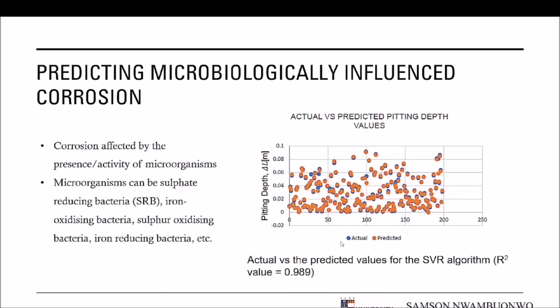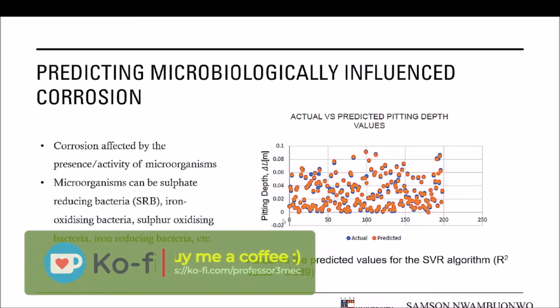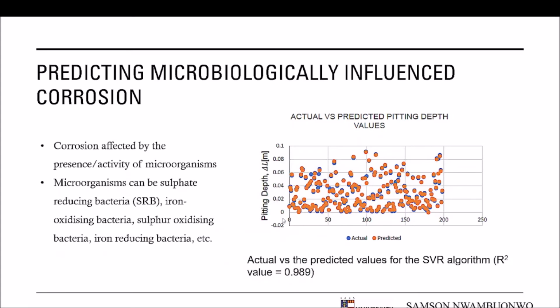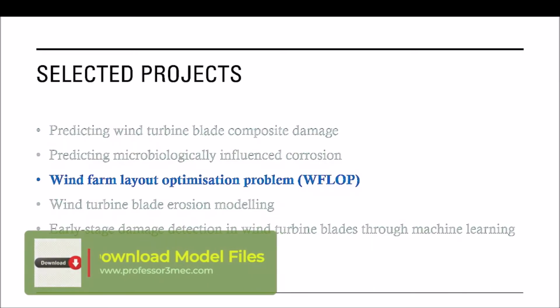So we did that, and we used a support vector machine algorithm, and you can see how the pitting depth is predicted as compared to the actual values, and they match really well. So we were able to train, test, and predict the pitting depth for different cases and scenarios. And again, these results are not from the seen data, but are predictions from unseen data. So this is one thing we did.